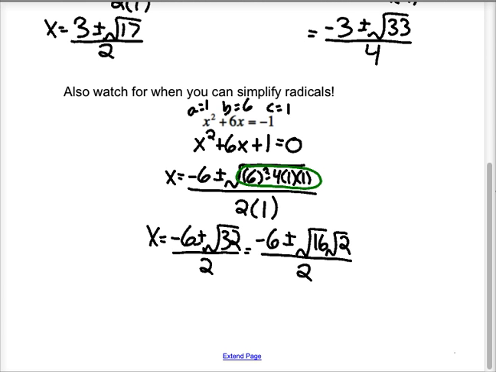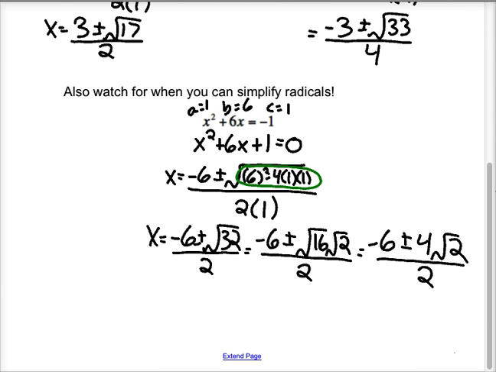All right, so don't forget, whenever you have these radicals, you should be thinking in the back of your minds, can this radical simplify? Is there anything I can pull out of it? Well, the square root of 16 is just 4. So you should simplify that radical.